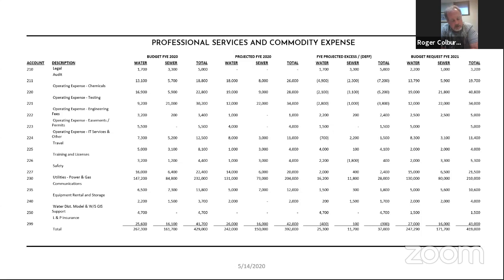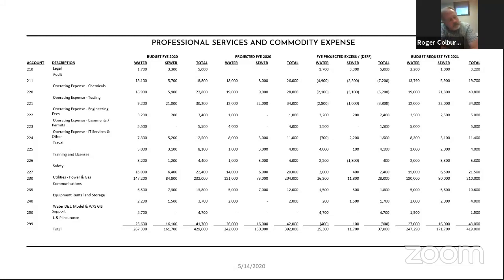Again, I tried to keep this budget as lean as we possibly can, knowing what we're going to get into. Now, I left some money in here under the legal part of it. I debated about whether to cut it out or not. The legal part is really only in there if we need to seek outside legal expertise in an area that maybe Greg's not as versed in or not comfortable in representing us in, and that's what that line item is. Most recently, we've used that to deal with agreed order issues on the wastewater side. You can see, though, this year we've not had to tap into that.